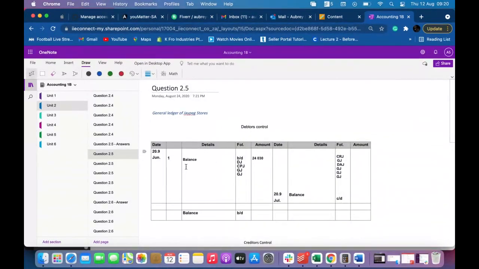So here, maybe let me just try and insert it right away. Remember, this is the total credit sales of merchandise, so that's going to increase. So we're going to debit that amount. And here you just write sales and VAT.